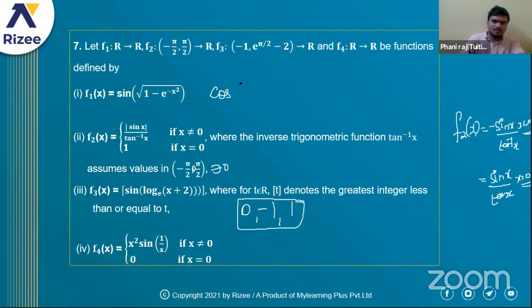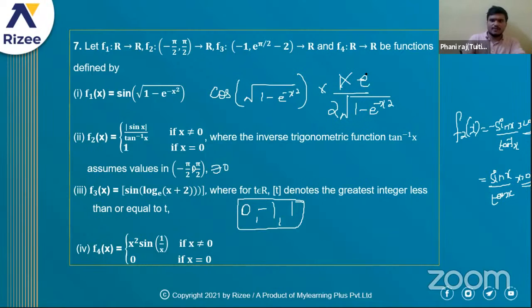Cos of x square into 1 by 2 into under root e power minus x square. What is the derivative of that? E power minus x square into 2x minus. This is its derivative, right?